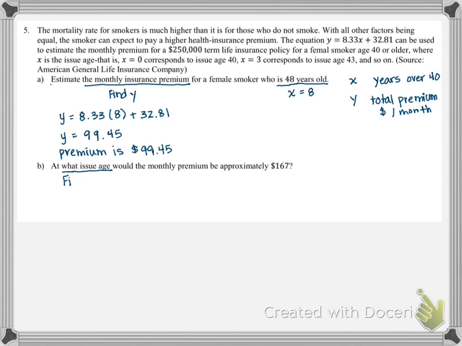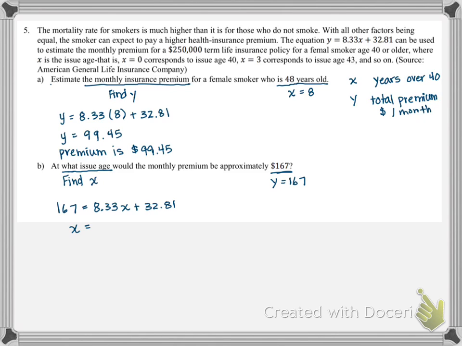And then for part B, again, they ask what issue age. So that tells me I need to find x. And so I think to myself, if my equation relates x and y, and I have to find x, then something in this has to give me y, which they do right here. So we have 167 equals 8.33x plus 32.81.